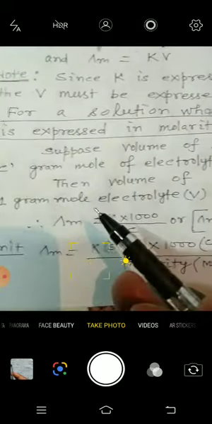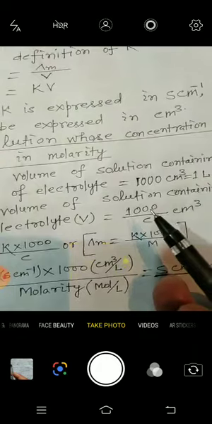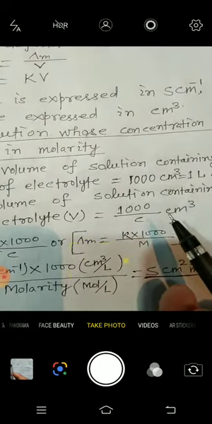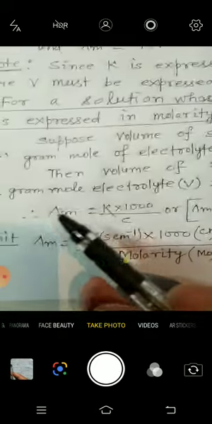Then the volume of solution containing 1 gram mole of electrolyte, V, will be equal to 1000 by C cm cube.